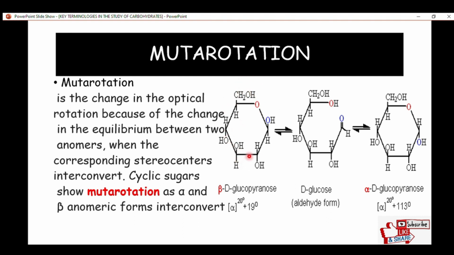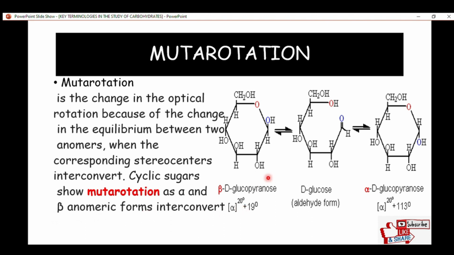An equilibrium reaction can convert this beta molecule to an alpha-D-glucopyranose, and this is called mutarotation. It is the interconvertibility between two anomeric forms. So we can convert a beta-D-glucopyranose to an alpha-D-glucopyranose, and this is called mutarotation. Cyclic sugars show mutarotation as the alpha and beta anomeric forms interconvert.